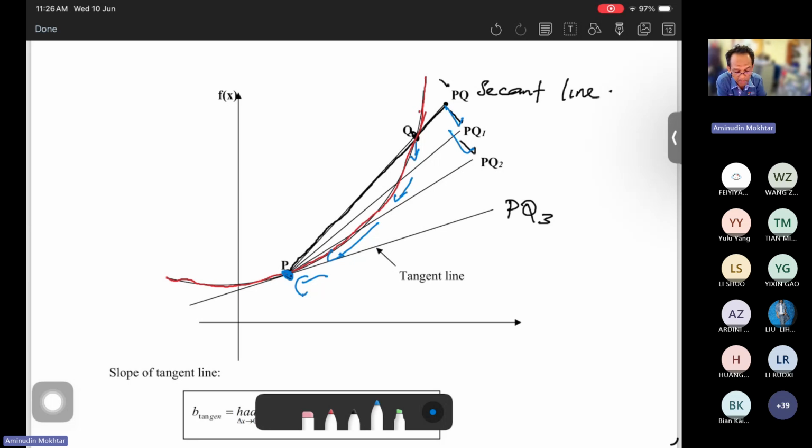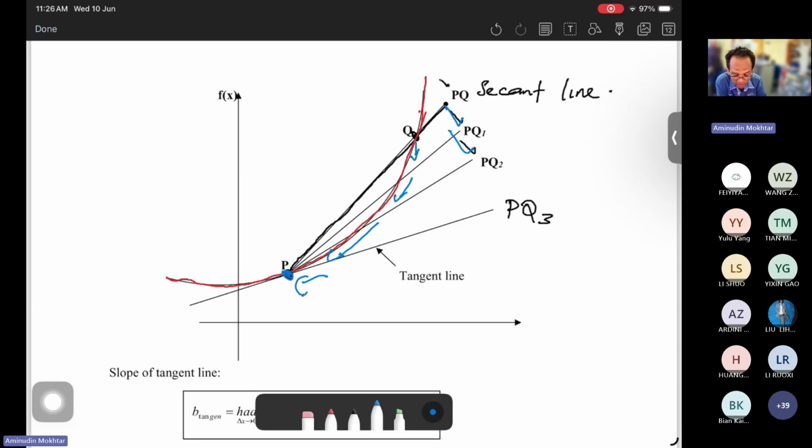I hope now we know we have two types of line here: the secant lines, PQ, PQ1, and PQ2, because these secant lines cross the curve at 2 points.